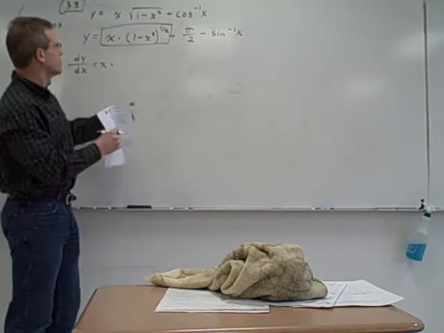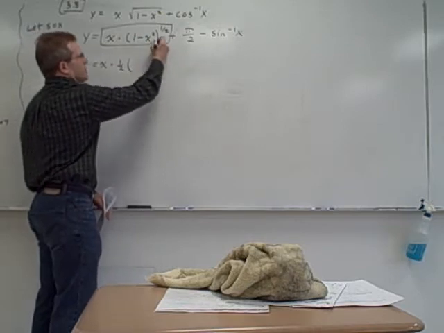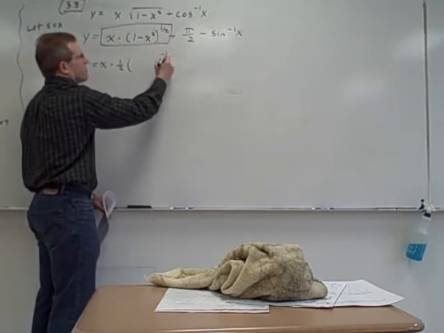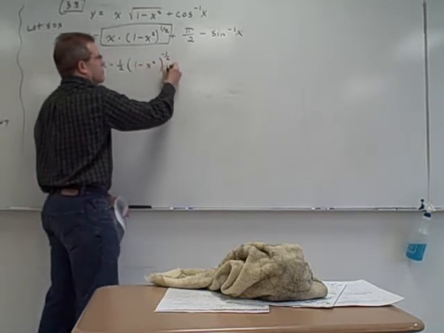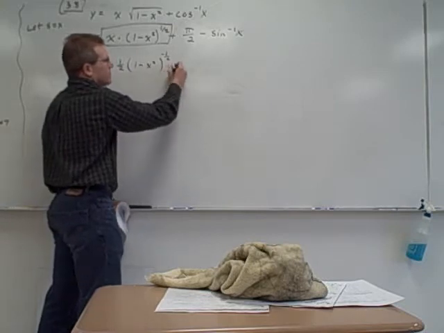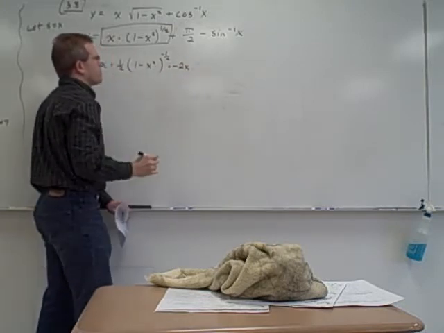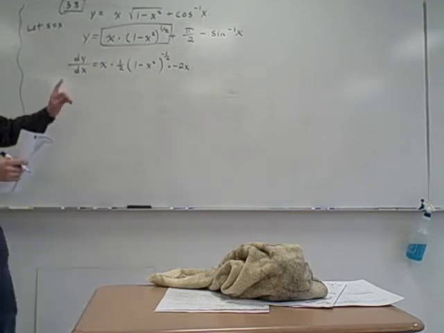That's the chain rule. Chain rule says you multiply by half out front, take that exponent down to negative a half, copy down what's inside, 1 minus x squared, then multiply by the derivative of the inside expression, which would be negative 2x. That's the first half of the product rule, with the chain rule included.